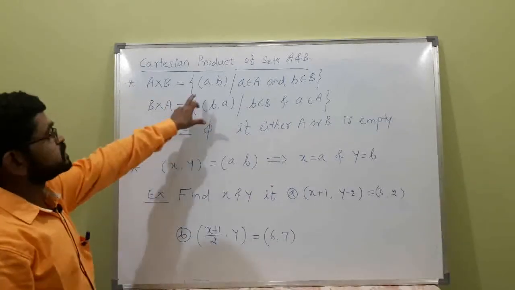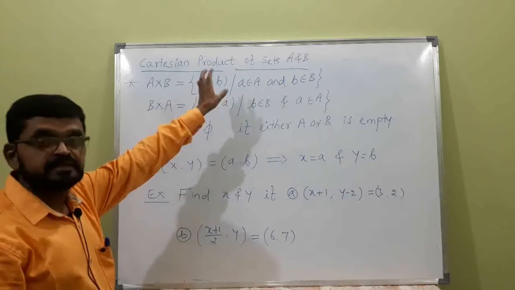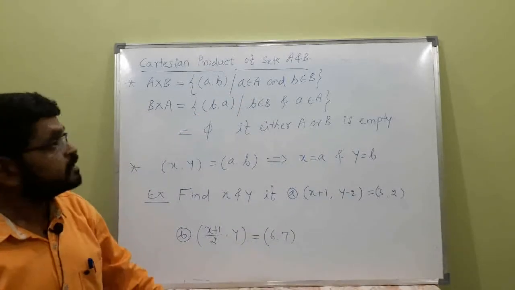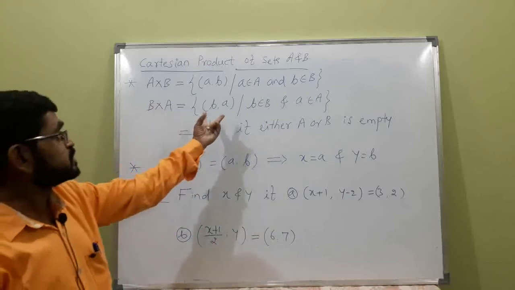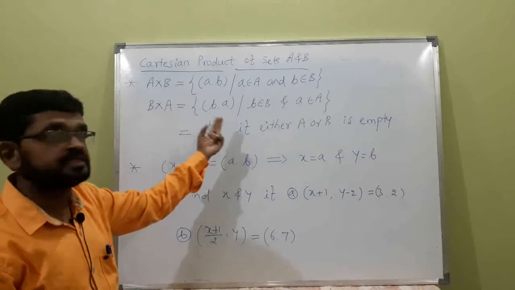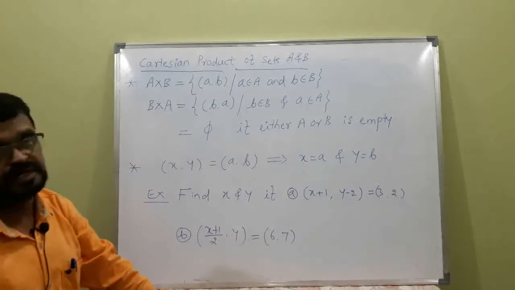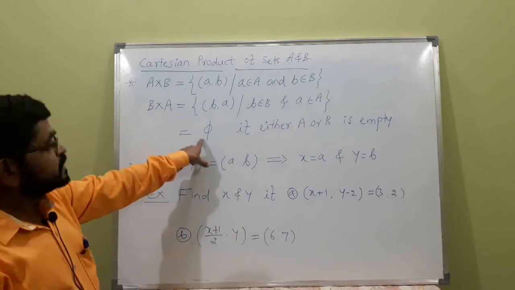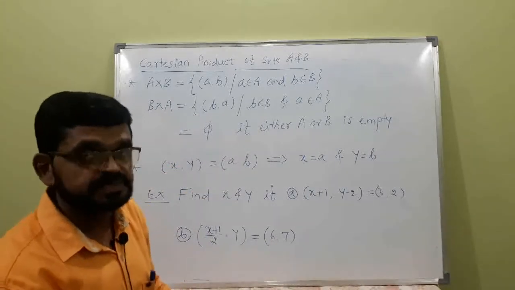A cross B is equal to the set of all ordered pairs (a, b) such that a belongs to A, b belongs to B, okay, and B cross A is reverse. The ordered pairs are reversed. Here order is important: (b, a) such that b belongs to B and a belongs to A. It is the null set if either A or B is the empty set.